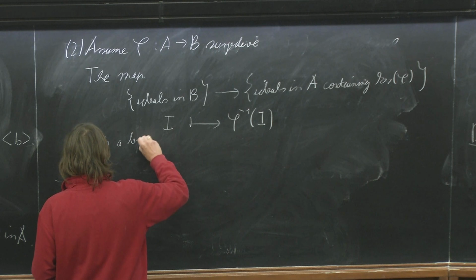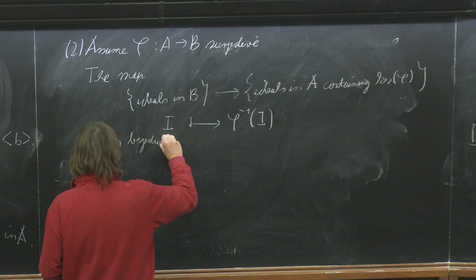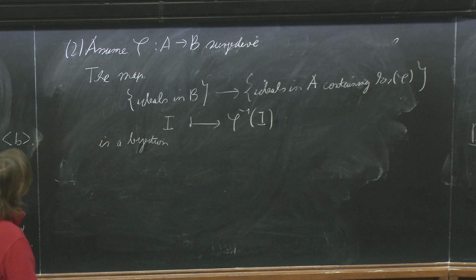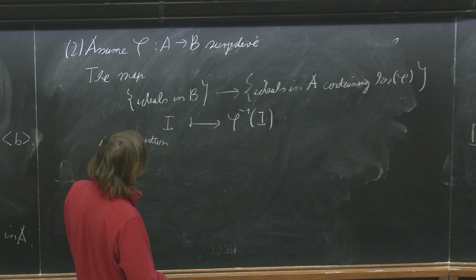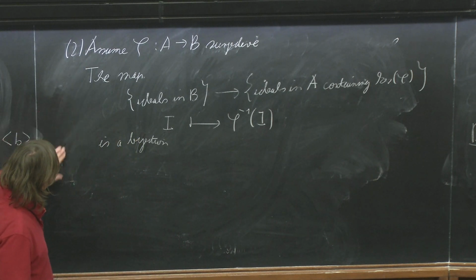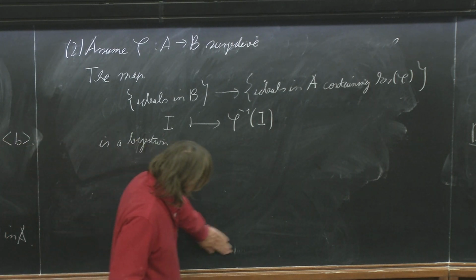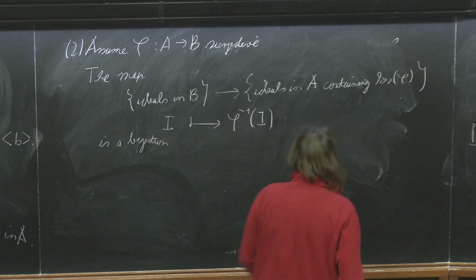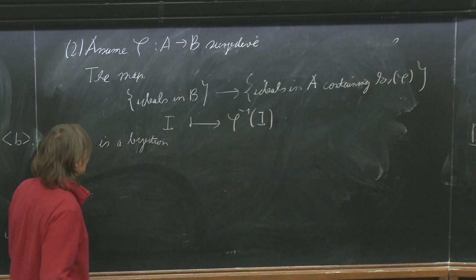Okay. So, I mean, in fact, I will not do this in detail. I will just tell you what the inverse map is, and then one has to check that it makes sense.